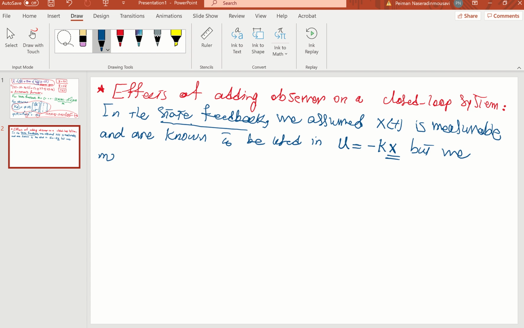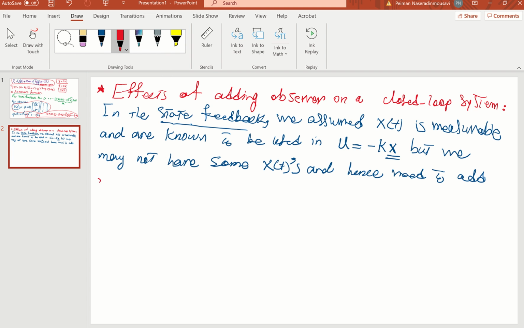But we sometimes may not have some of the x of t state variables because of inaccuracy in the sensor or inaccessibility to measure them, and hence we need to add an observer to the state feedback controller.